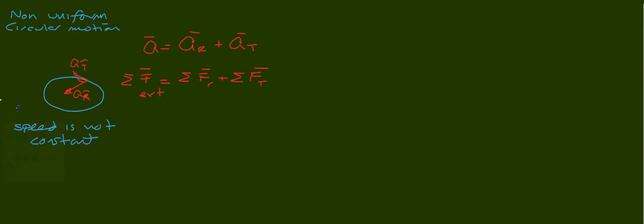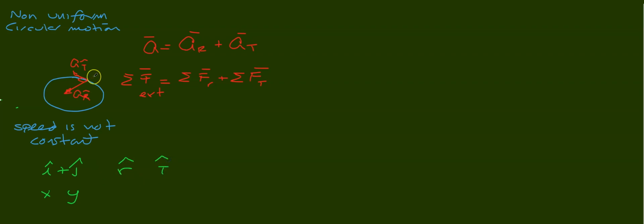So basically, again, we have forces in an axis perpendicular to the other, and instead of using i and j, or x and y, you will use parallel to the radius and parallel to the tangent, right?